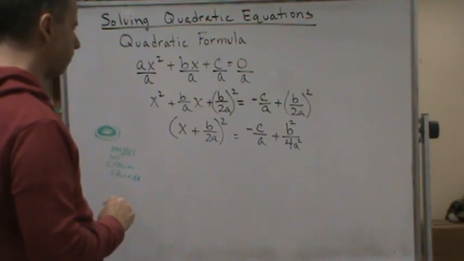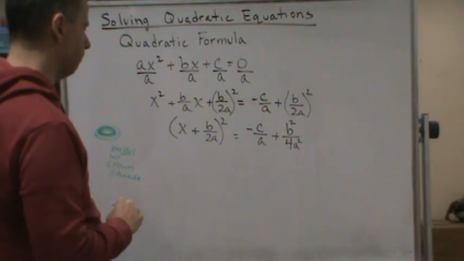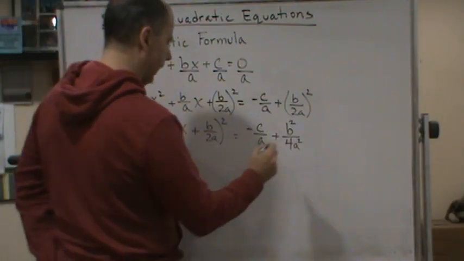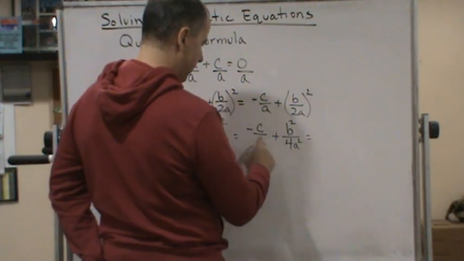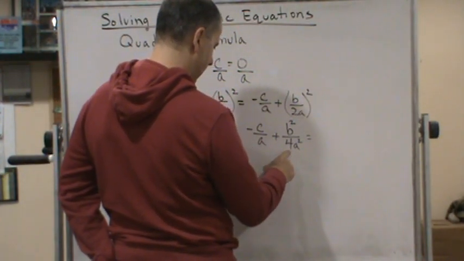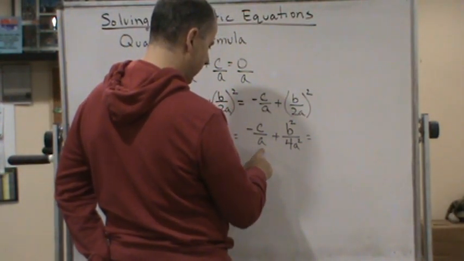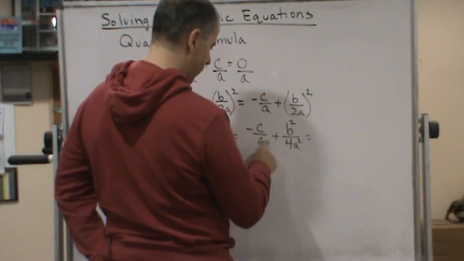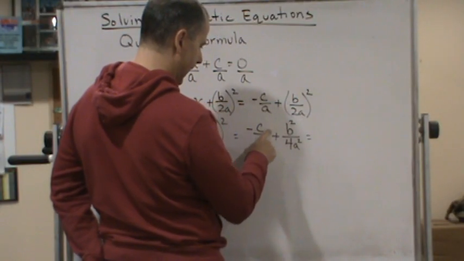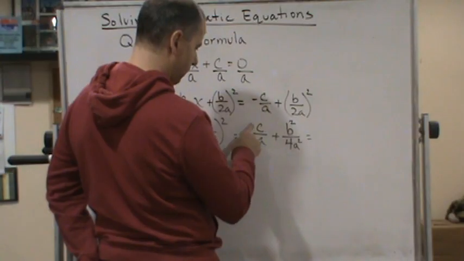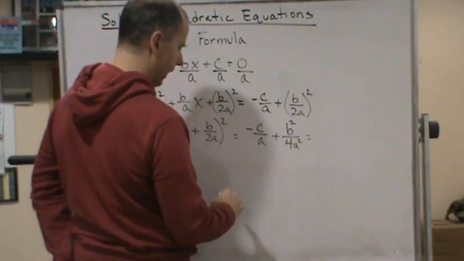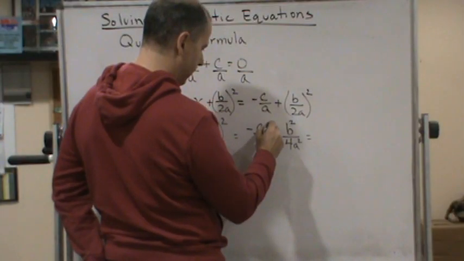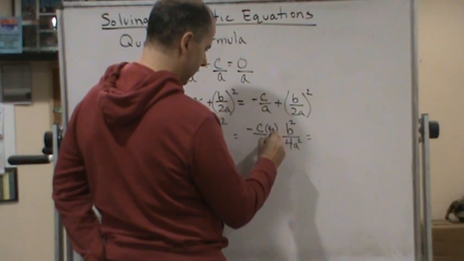Okay. And then this, I'm going to simplify even further. I need an a squared here. So I'm going to multiply the top and the bottom by 4a, right?